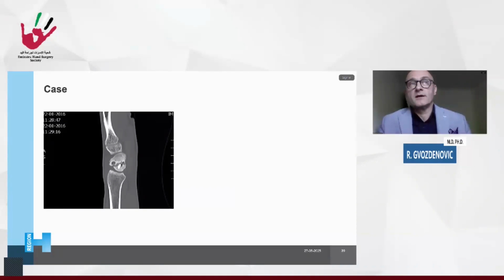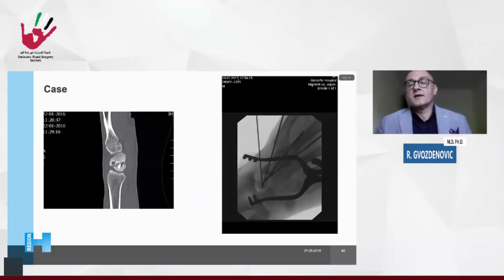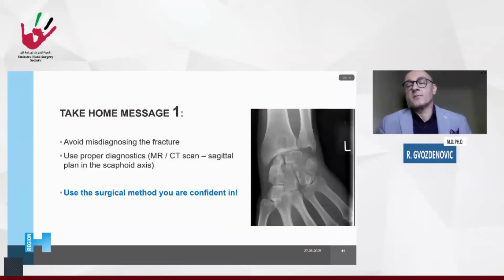Well, when we opened the non-union site from volar, we had to place a volar vascularized graft taken from the radial artery, the so-called Mathoulin graft, and we eventually placed many K-wires to avoid compressing the graft in the middle, and the patient eventually healed after 3 months postoperatively.